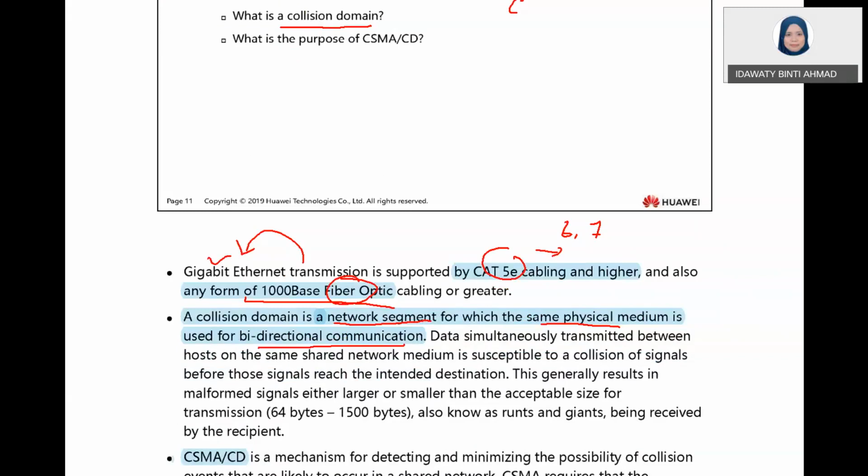Bidirectional communication means that when your receiving signal is busy, you cannot transmit. That is what it means. A collision will happen if you try to send and receive at the same time in a bidirectional communication.